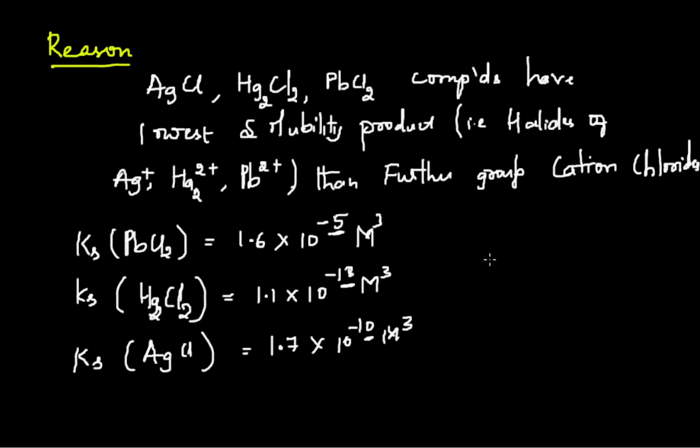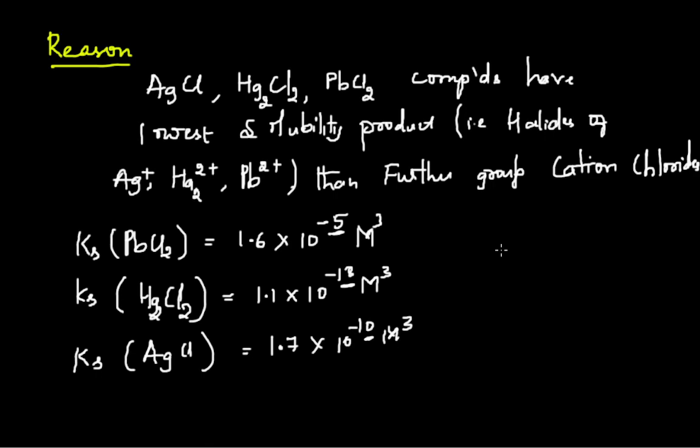That is how you can separate out and tell that, okay, if some precipitation is happening in this first group analysis, you know the cation is among these three, and you can do further confirmatory test to decide which one exactly is it.